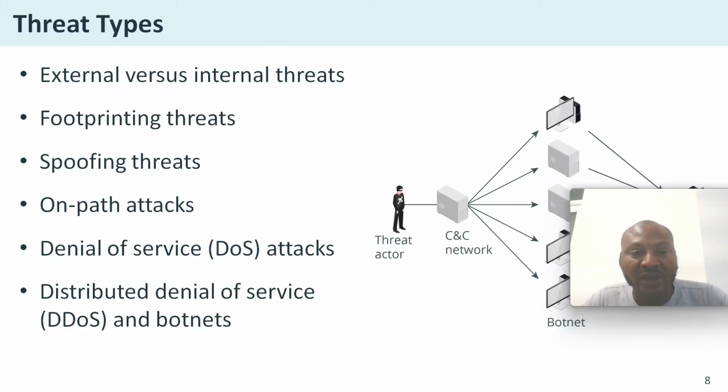On-path attack is when somebody intercepts your communication. Maybe you are communicating with a colleague, remotely or locally, through the internet or the network, and you think you are having a conversation with that person. Meanwhile, someone else intercepts and hijacks that communication.